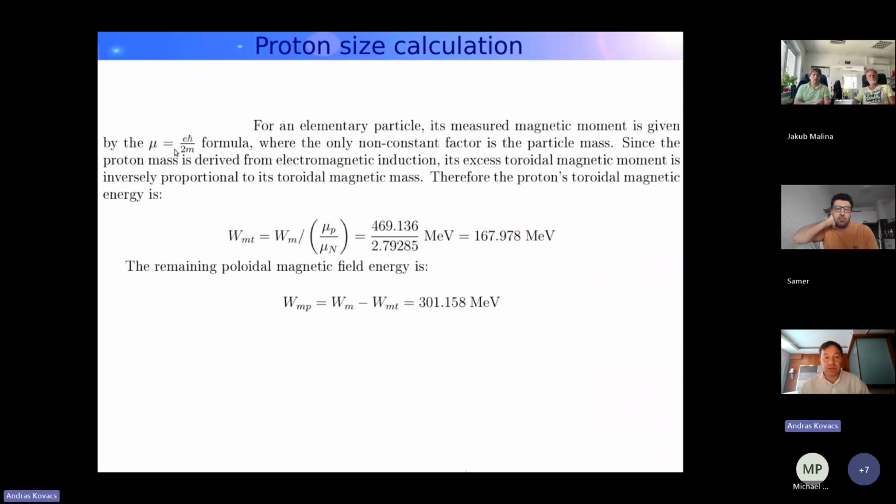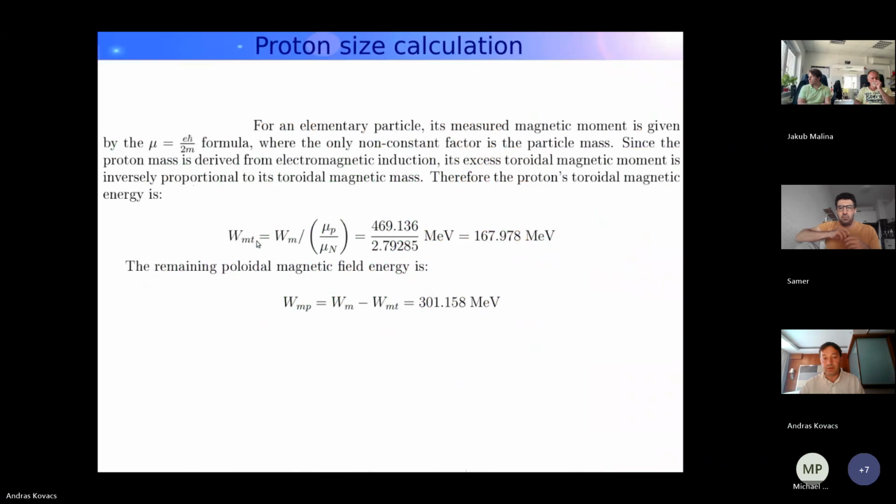And since the magnetic moment is inversely proportional to the particle mass, this formula tells you that excess magnetic moment is then related to a fractional magnetic mass in that direction. So in other words, the large magnetic moment is inversely related to the smaller magnetic mass in the toroidal direction.